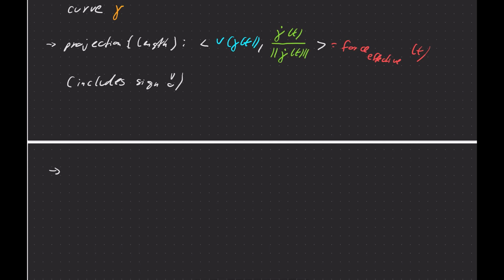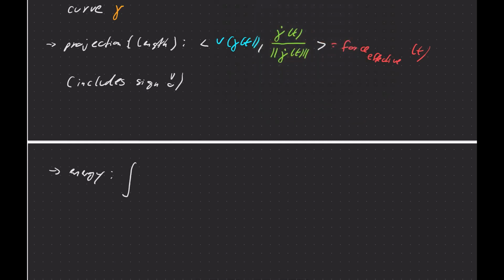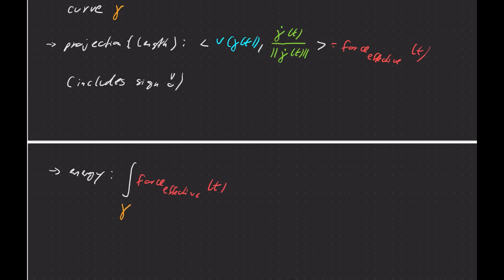So the energy that we need is then expressed by the integral over that force that is effective at a certain point t along the curve gamma. So we're going to compute a curve integral here.